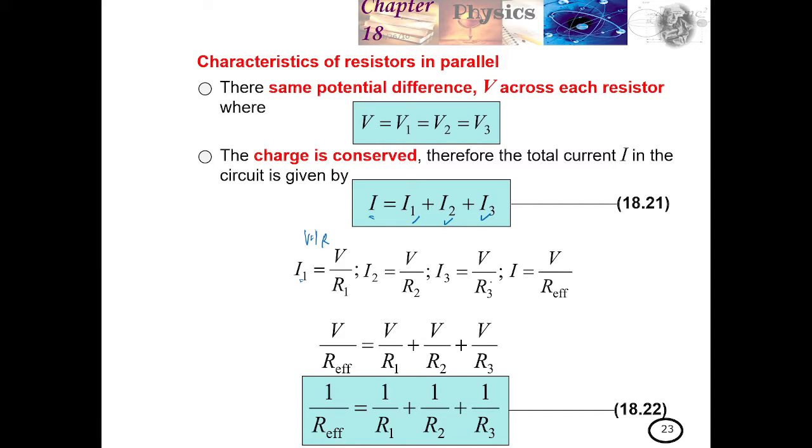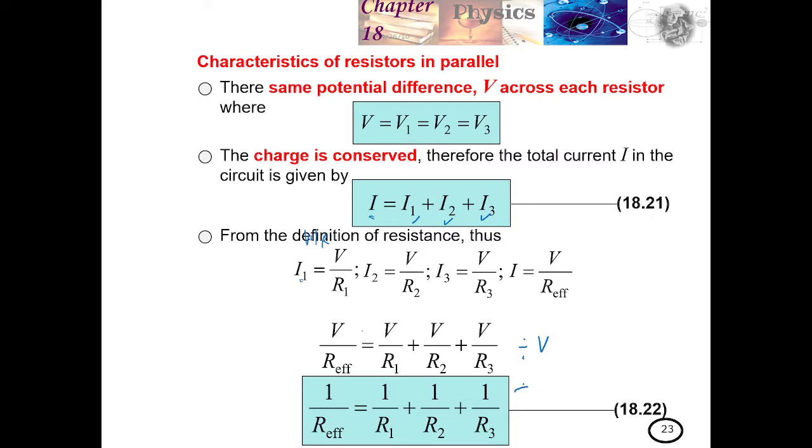I3 equals V over R3. I equals V over R effective. So V over R effective equals, when you divide everything by V, 1 over R effective equals 1 over R1 plus 1 over R2 plus 1 over R3.